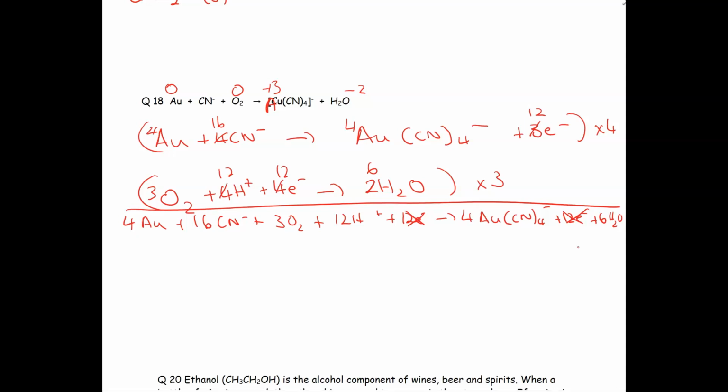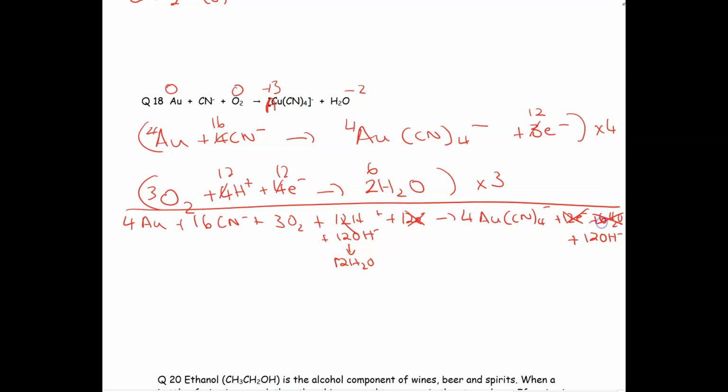So what they actually would do is they'd convert this to basic conditions, and to do that you need to cancel your hydrogen ions. So if there are 12 hydrogen ions on this side, we add 12 hydroxide ions to both sides. So it will still balance at this point in time. These 12 hydrogen ions and 12 hydroxide ions will neutralize to give you 12 water. And now you cancel down your water.